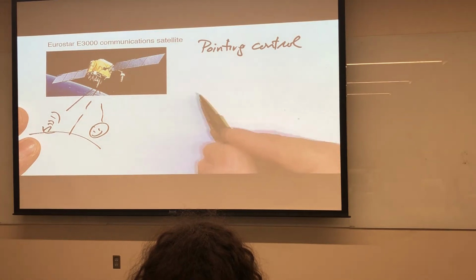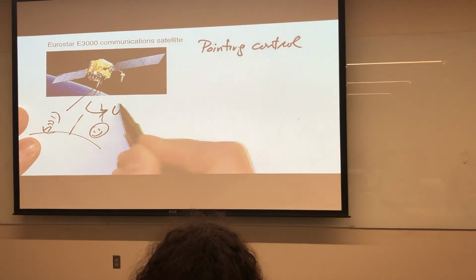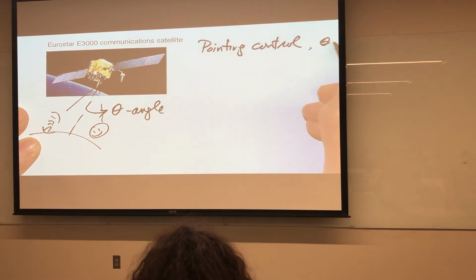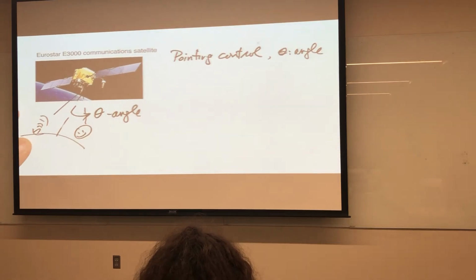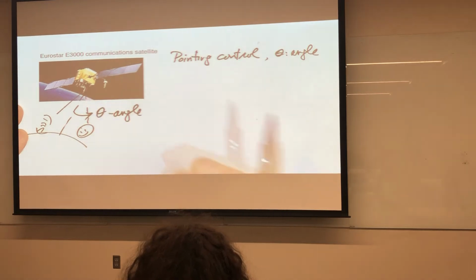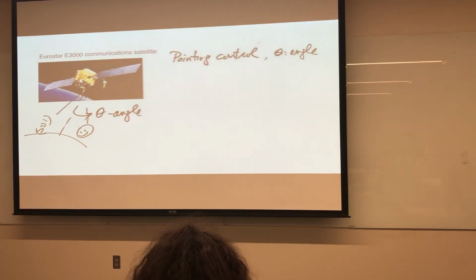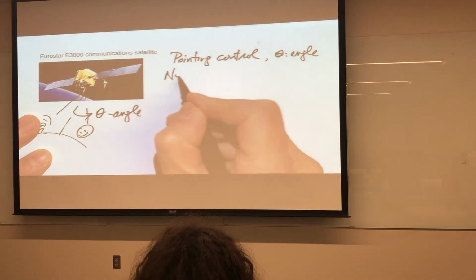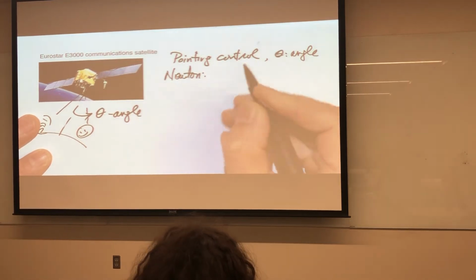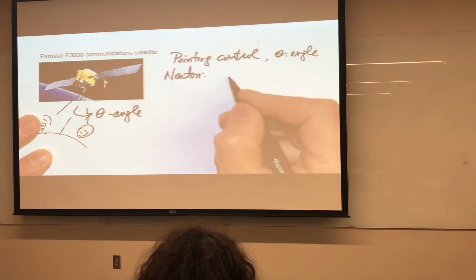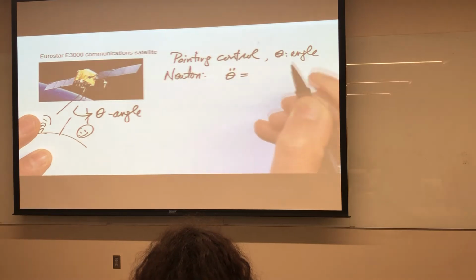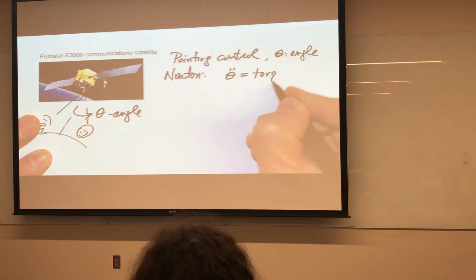So let's consider that we're basically trying to control this angle, theta. Pointing control, theta is the angle. We want to control the angle. And so the basic differential equation: up in space, there's practically no friction or anything like that, so from Newton's law, theta double dot, the angular acceleration, is equal to the torque.